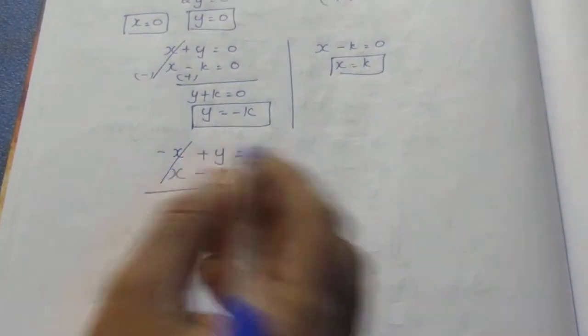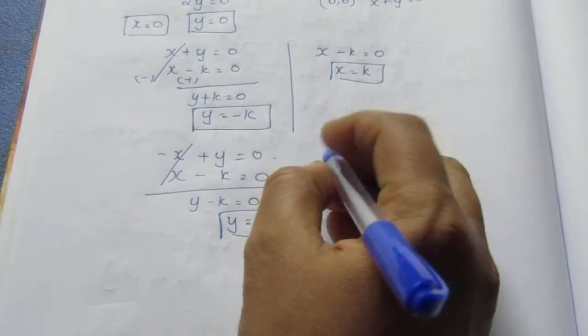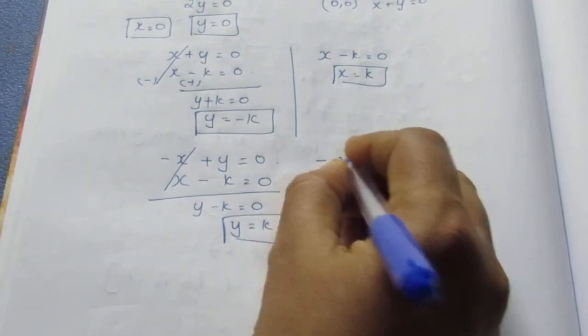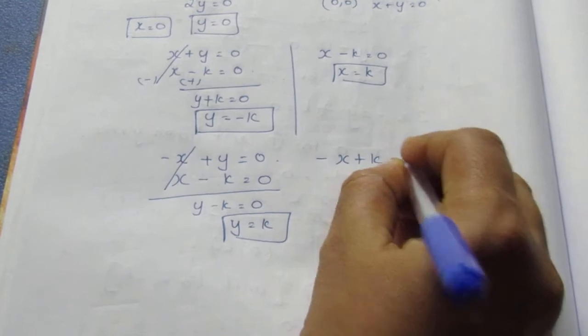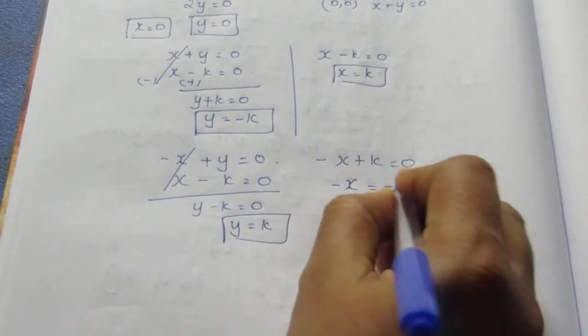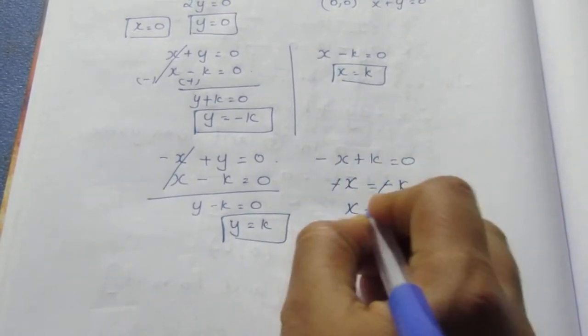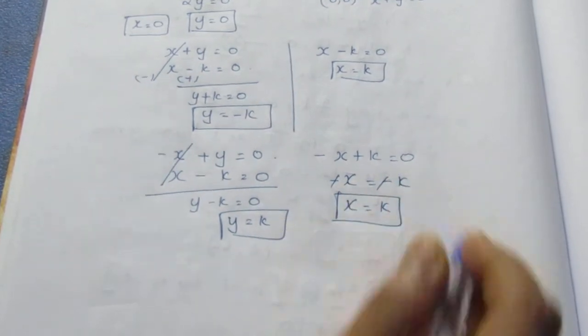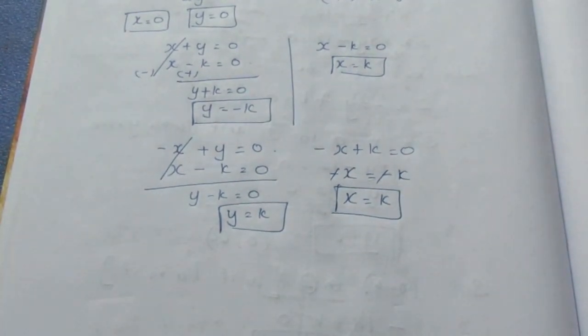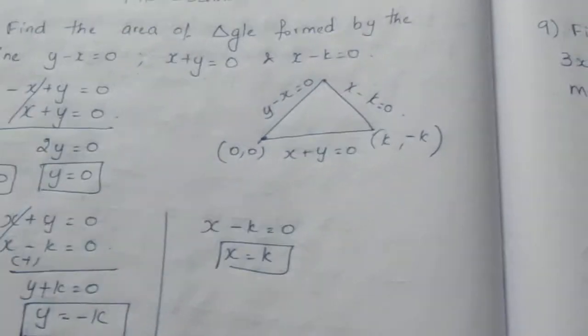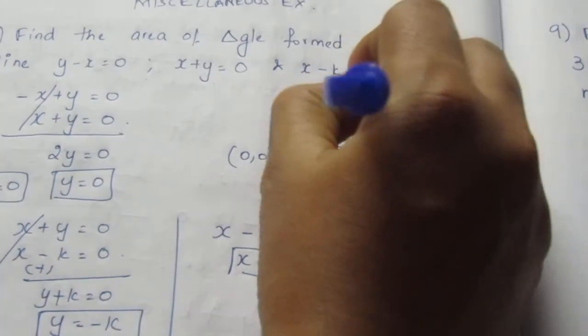Substitute it in any of the equations. In the first one, if I substitute, minus x plus k equal to 0, minus x is equal to minus k, this gets cancelled, x is equal to k. So here the point of intersection will be (k, k).